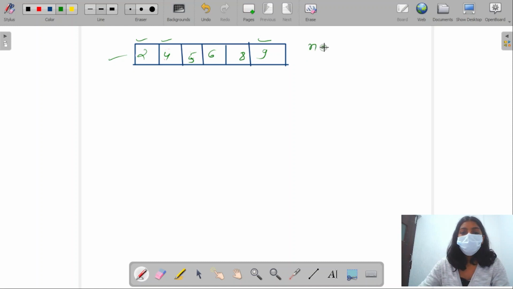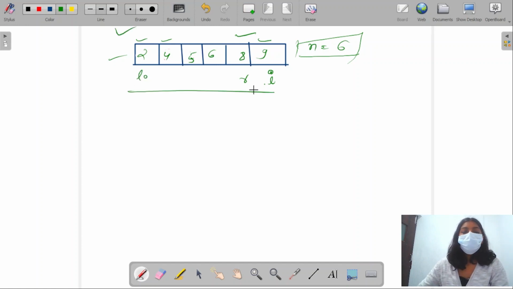Now n is equal to 6. Now my array is sorted, so I take 3 sides. I take this as my highest side, this as my second highest side, and this 2 as my lowest side.